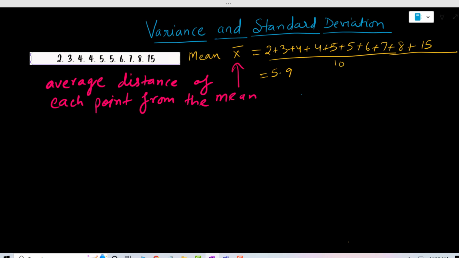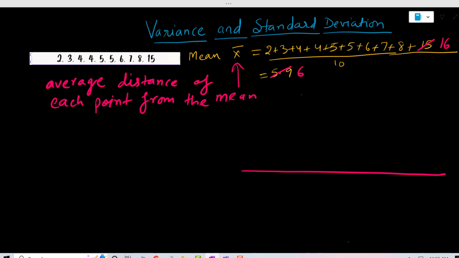So mean value is this, and these are our data points. All right, let's make a line and jot down these points over here. For the sake of simplicity, to avoid decimal values, I'll just change this 15 to 16, and this is just for the demo purpose to show simple calculation.